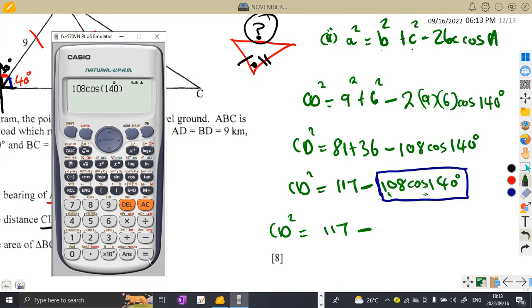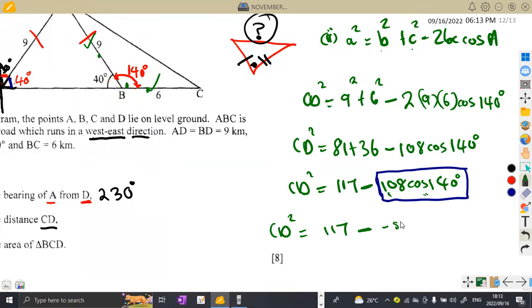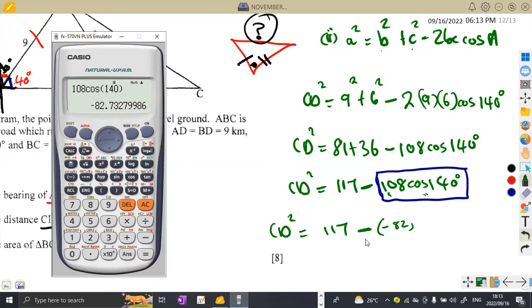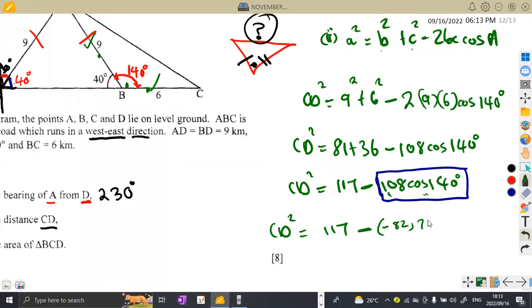I can close the bracket, and that's negative 82 comma something. So you just have to show the value there of these two. So that's negative 82 comma 732, something like that. Okay, so you write everything up to the last digit.